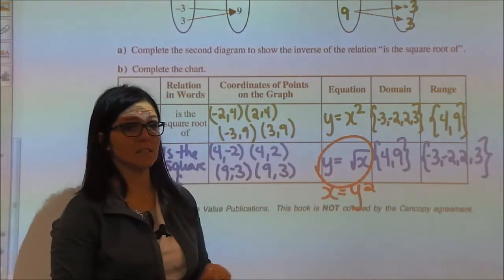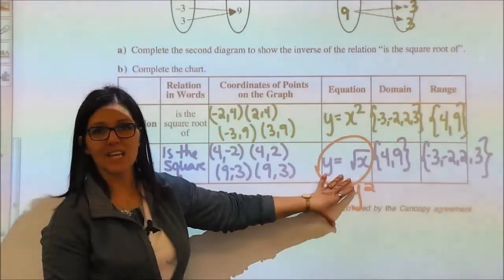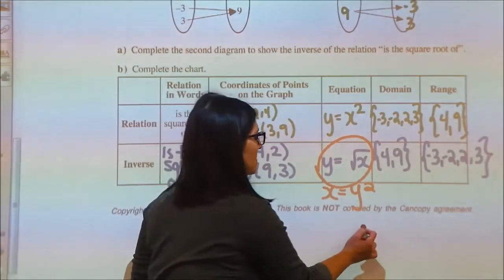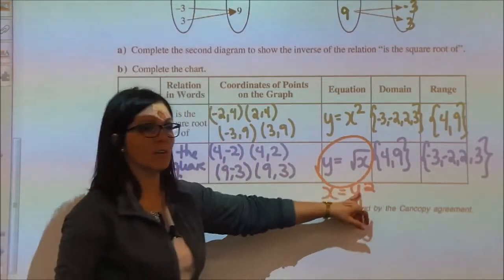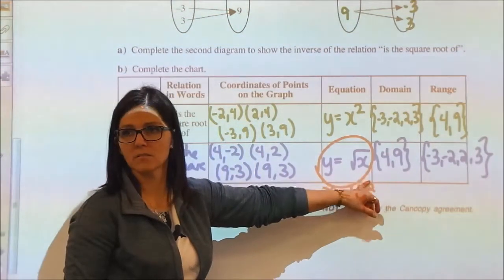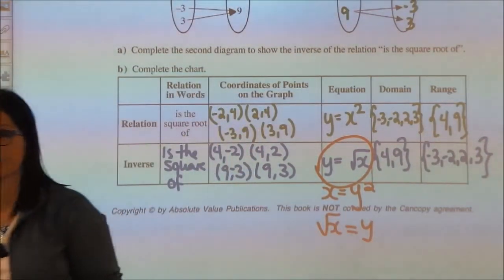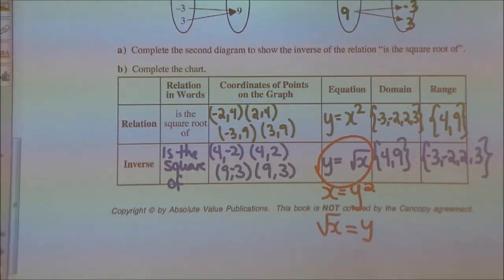That is what that says. Again, I wouldn't leave this as x equals y squared. I would rewrite this. How do I get rid of the square? Square root, so I square root the other side.